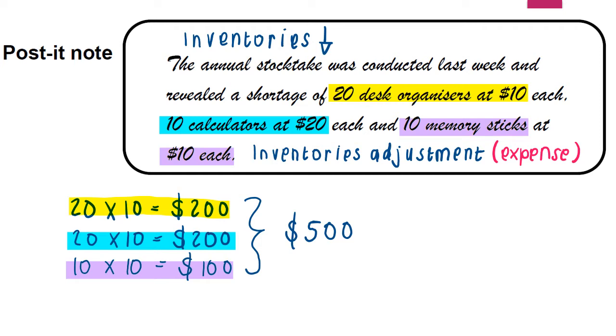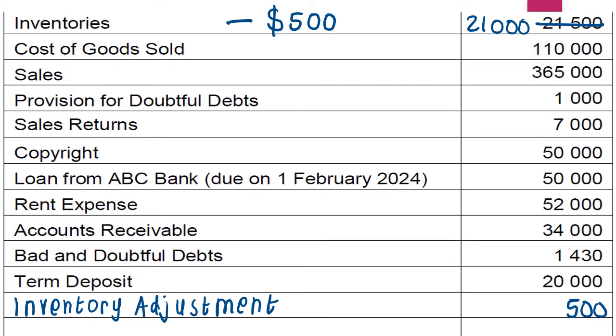That means we will credit it, and we will have inventory adjustment, which is a loss to the business or regarded as an expense. If we go further and look at our extract of the trial balance, I'll just write the minus 500, or just go straight to the 21,500, delete it and write 21,000. I add an account called inventory adjustment, which is an expense, which will go to my statement of profit and loss.